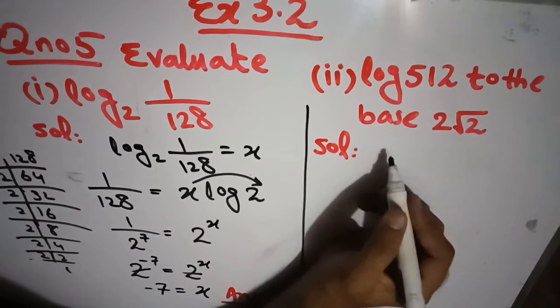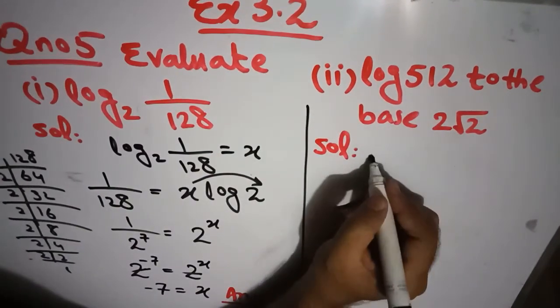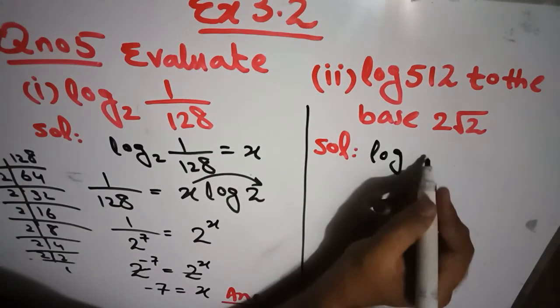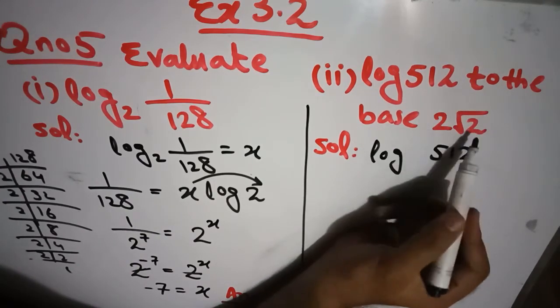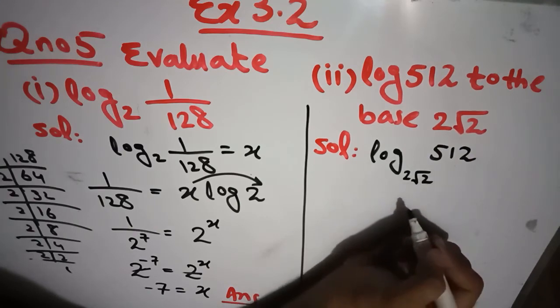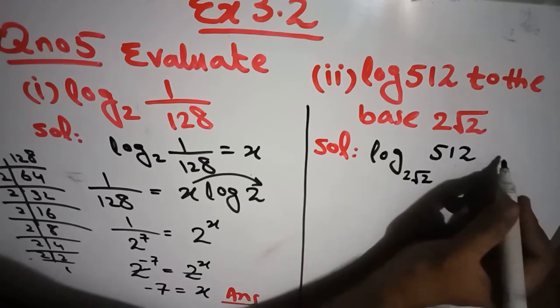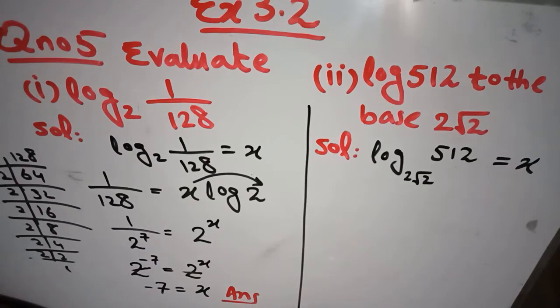So you can just write like this: log 512. First of all, mention log 512 to the base 2 under root 2, which means to the base 2 under root 2, and now just put it is equal to the x simply, because we have to solve.